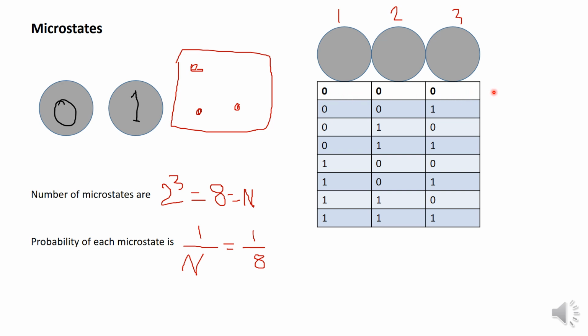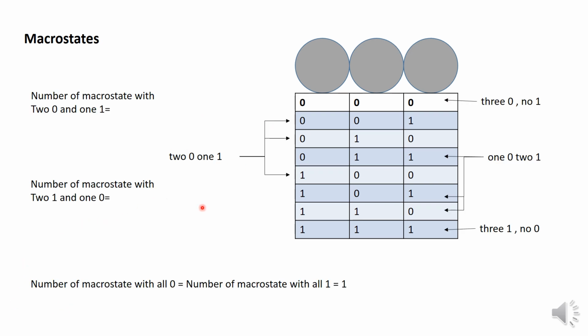Similarly, particle 1 has velocity 1 and particles 2 and 3 have velocity 0. This is another possible state that the system can have, and the probability of this state is also 1 by 8. This is more probable, this is more probable, and this is less probable.